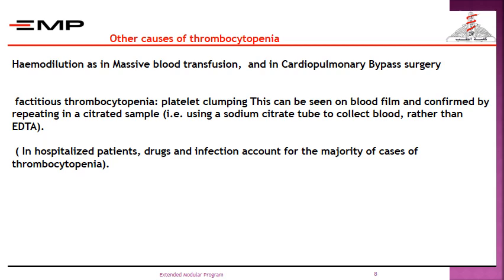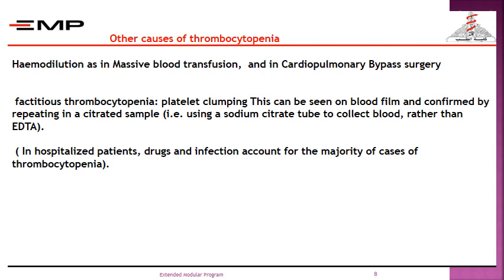There is no actual thrombocytopenia, but it is platelet clumping on the blood film when we take the samples. This can be seen on the blood film and confirmed by repeating in a citrated sample, using a citrated tube in exchange for the tube with EDTA, because EDTA allows platelets to clump together.